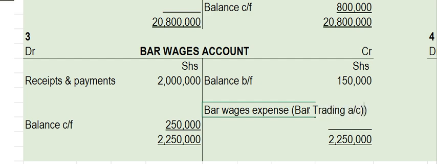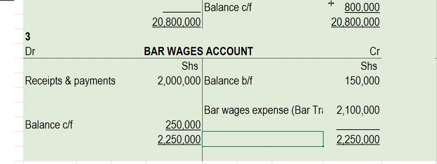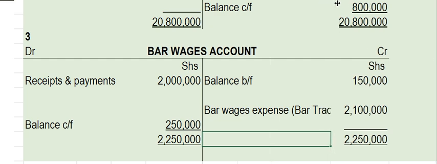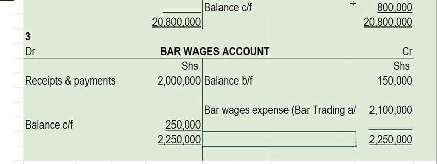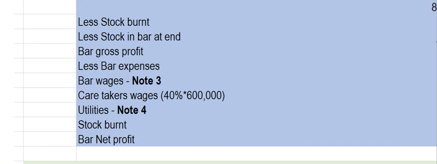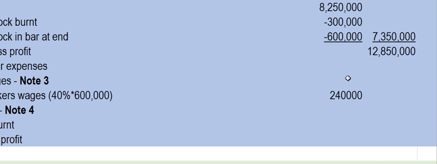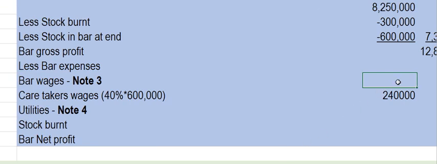You take 2.1 in the bar trading account as the expense. So bar wages, we are taking 2.1 as the expense.